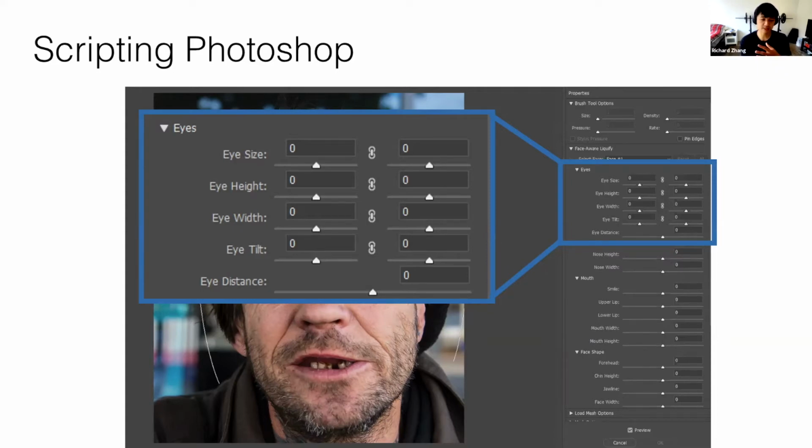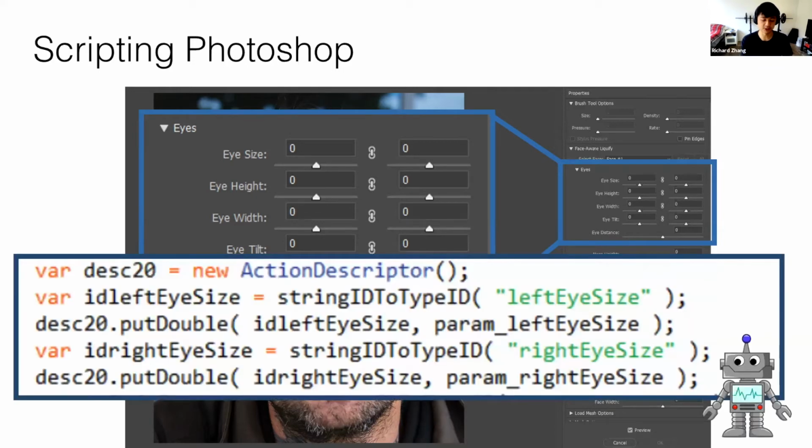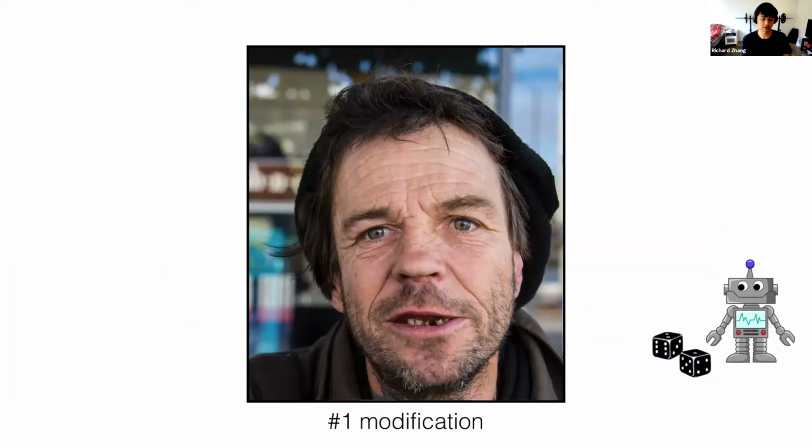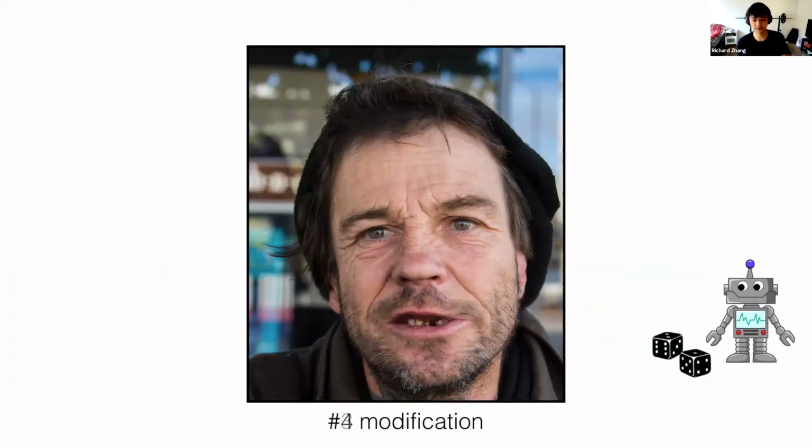And you can randomly sample from the space and create a whole bunch of perturbations of this input face using this specific tool in Photoshop. For example, here's the original. Here's a modified version. Here's another, a third, and a fourth. So the robot can just automatically generate these.